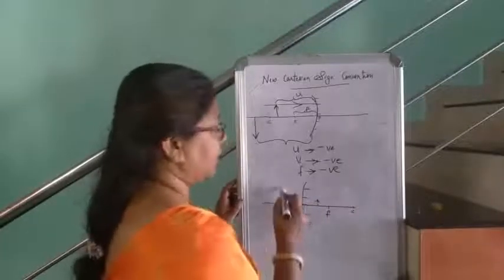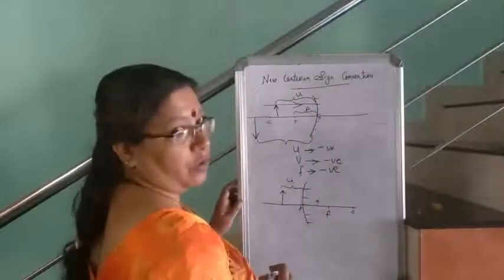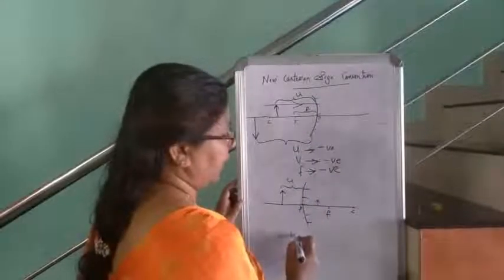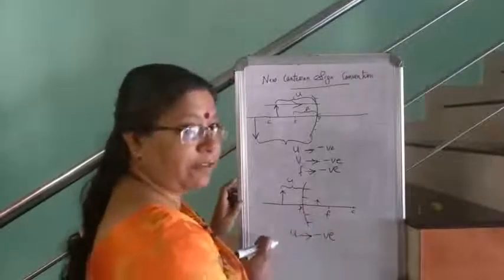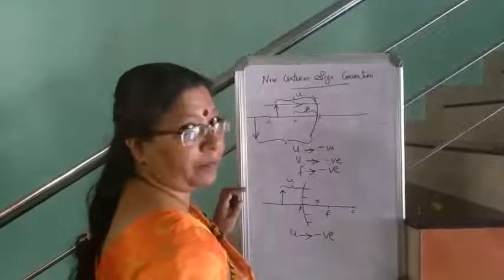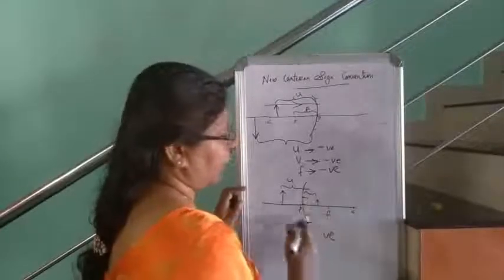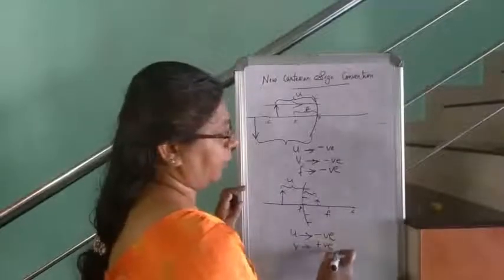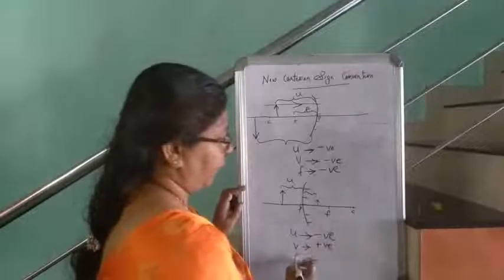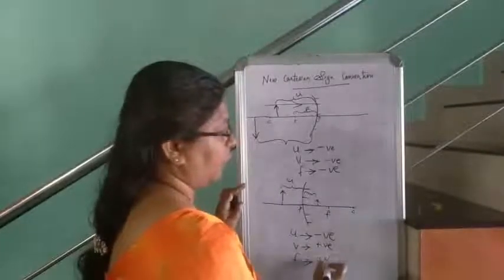This distance is U. Since U is on the left of P, U is negative. But V is to the right of the pole, so V is positive. And F is also on the right of the pole, so F is also positive.